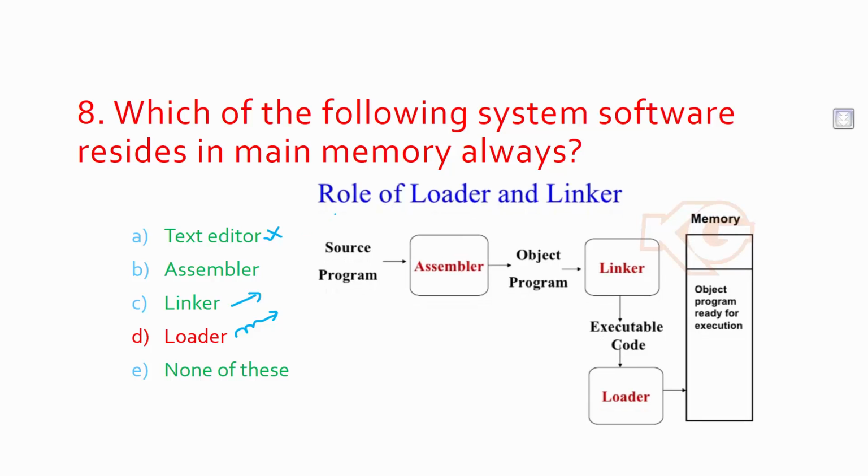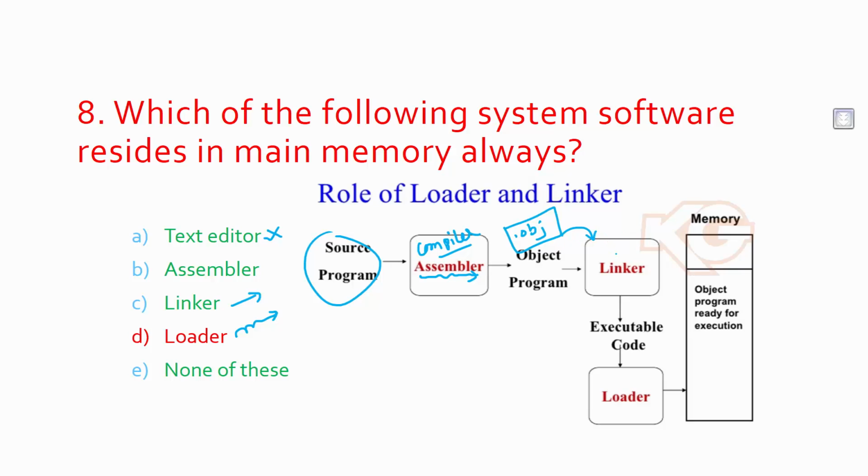You can further see in this picture how the role of loader and linker is in picture. Here comes the source program. It is provided into assembler, but in this case you can also put compiler if required. The process will be same. It converts into the .obj file as we discussed earlier, always comparing through C programming language, but you can also link up with any other programming language that you understood.